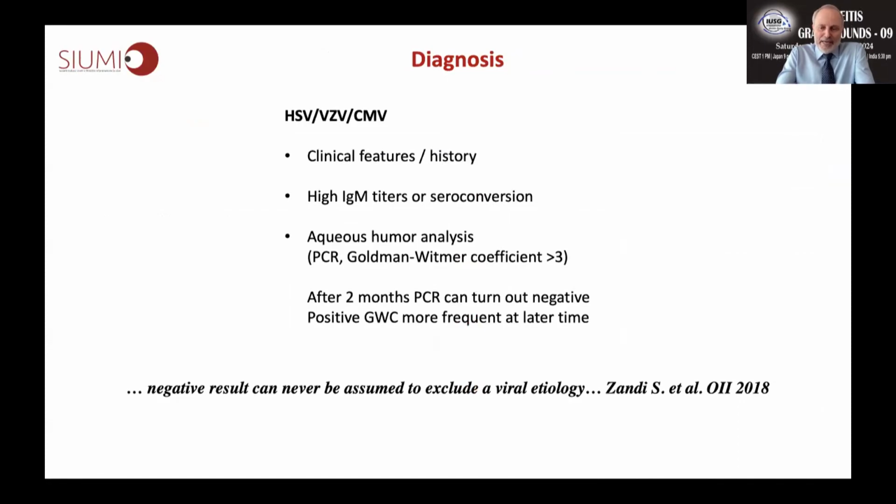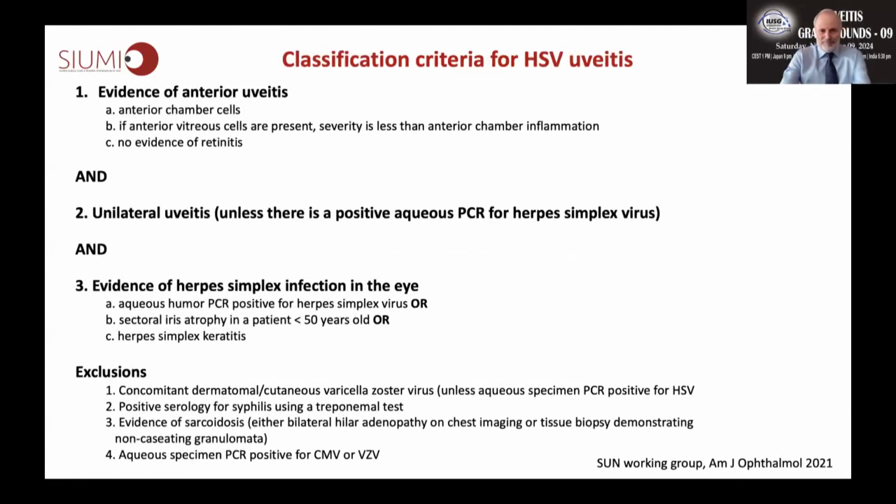So if you want to be strict, you can go to an aqueous tap and look for PCR or a Goldmann-Witmer coefficient greater than 3. But please remember that negative results can never be assumed to exclude a viral etiology. In almost 30% of the cases, if you do not tap the uveitis in the acute phase, they may be negative, although there is a virus within the eye.